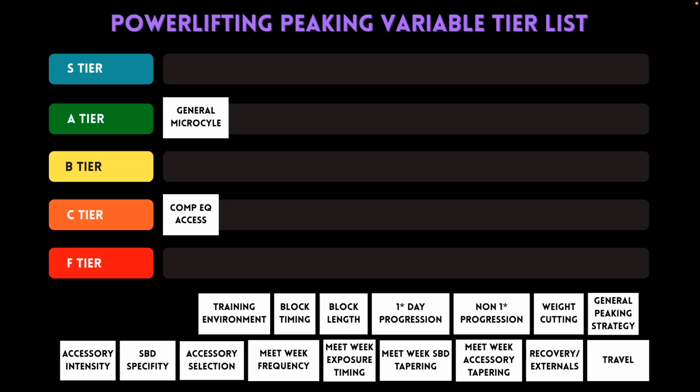Cool. So similarly, training environment, I suppose we can classify as everything environmental outside of the equipment. Are the vibes at the gym good? Do you have good people to train around? Is that consistent with what you're used to in terms of your training environment?